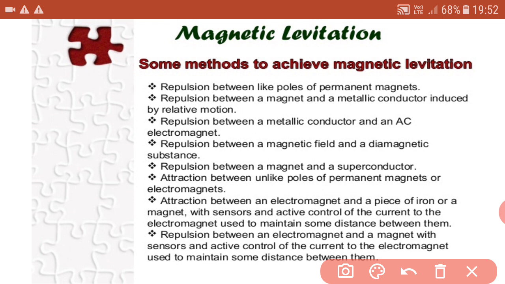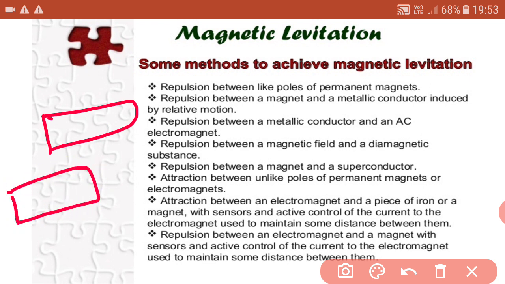Now the next one is repulsion between a metallic conductor and an AC electromagnet. This is not a permanent magnet.